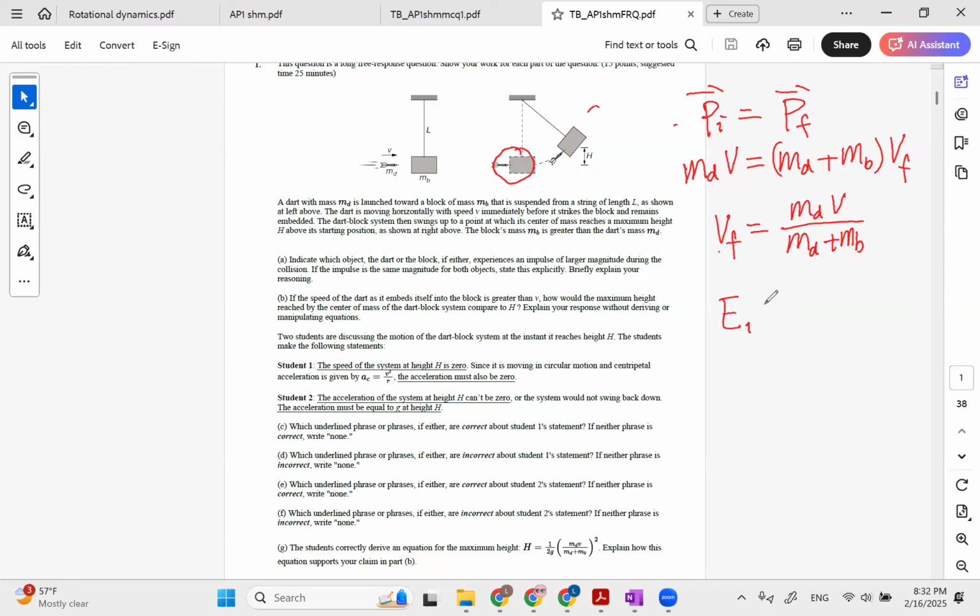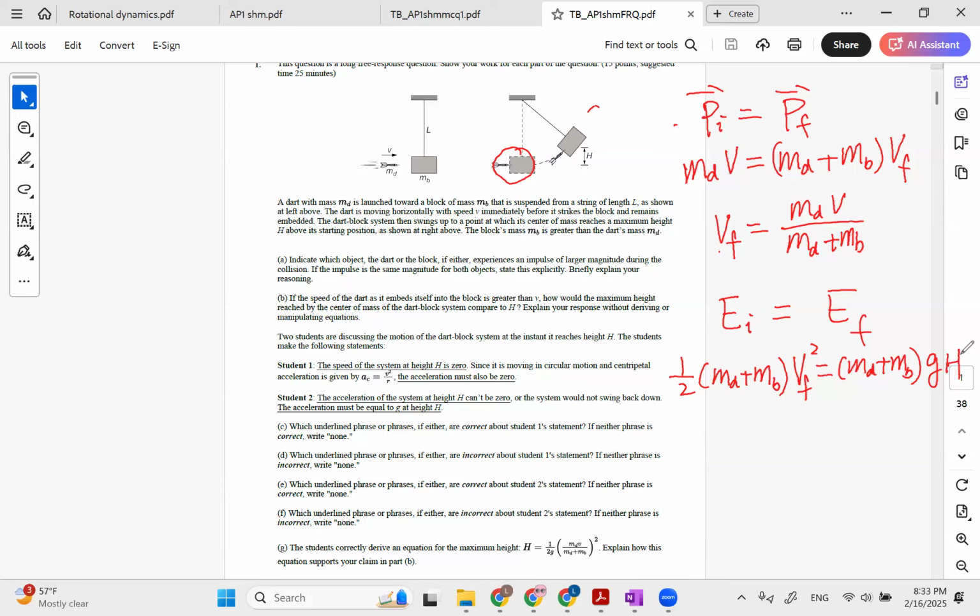And you use energy conservation. So initial energy equals the final energy, which is half m_d plus m_b. Don't forget, these are after collision, not before collision. The kinetic energy is the energy after collision. So v final squared will be equal to m_d plus m_b g h.